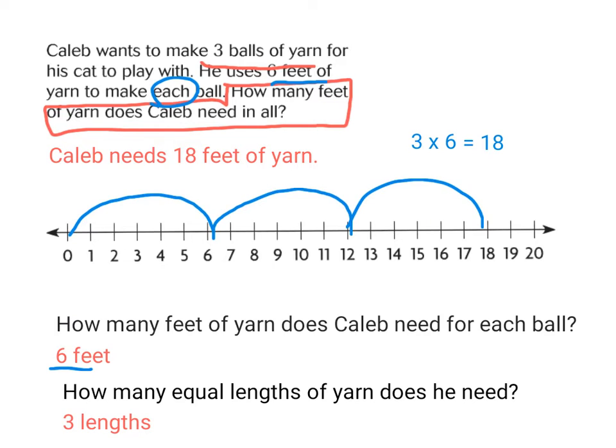And if you recall, we jumped by 6 on the number line because there were 6 feet in each group. And how did we know to jump 3 times? Well, again, because there are 3 balls or groups of yarn. And then the number we ended on, what did that number tell us? Well, it told us the number of feet of yarn Caleb needs in all.